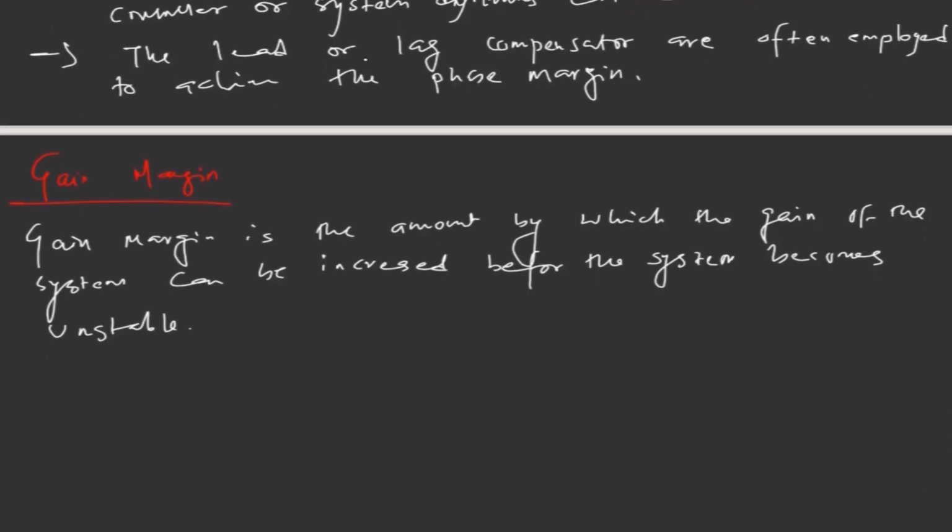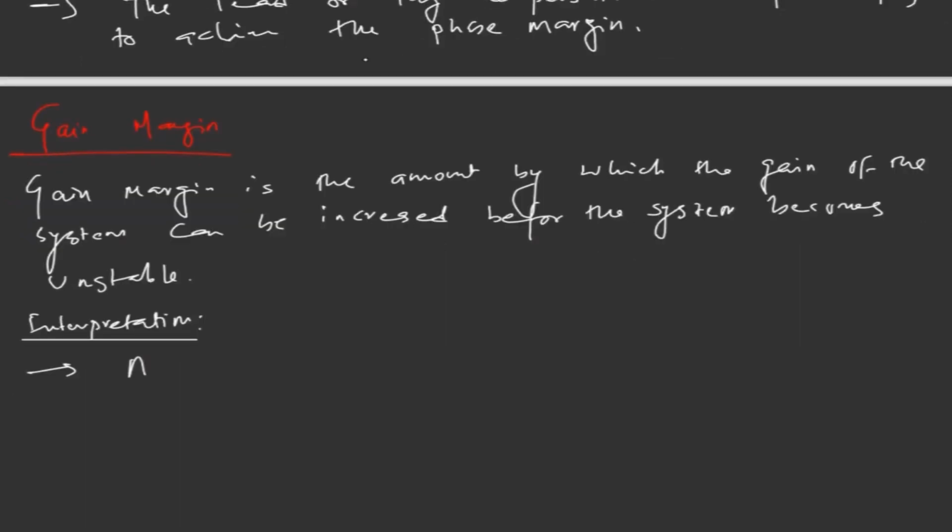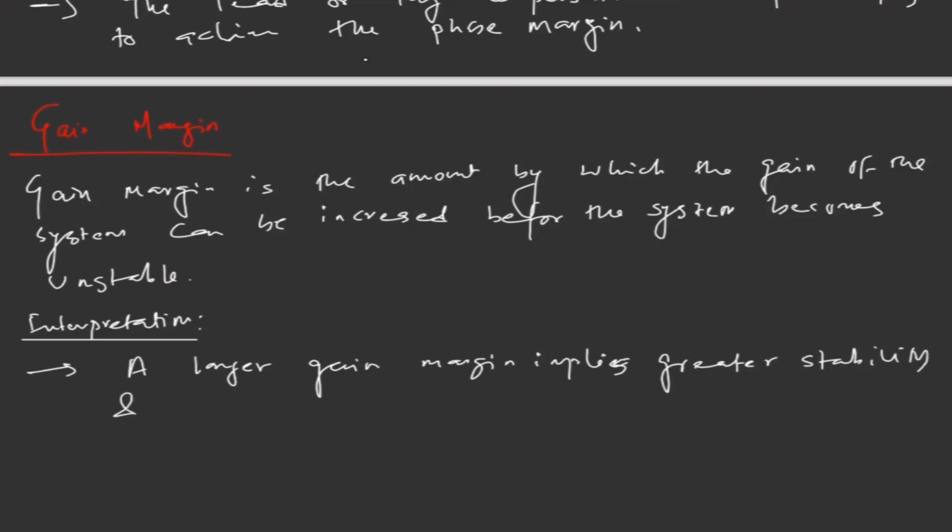Interpretation of gain margin. A larger gain margin implies greater stability and robustness.